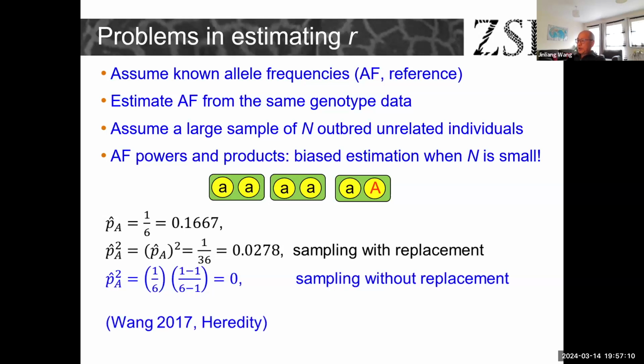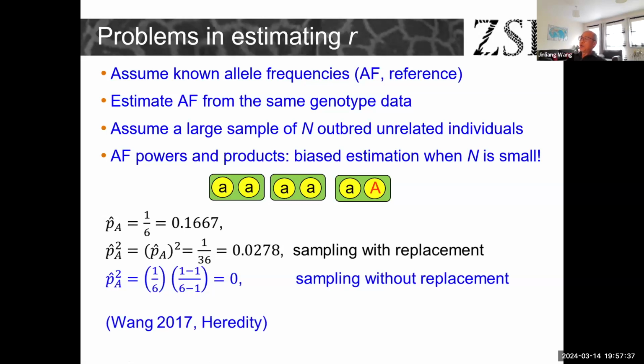Usually, in the literature, we calculate the power of allele frequencies as the first formula. That is, we first estimate allele frequency as 1/6, and take a square to get the estimate of pA squared. And this is actually assuming the sample size is large.